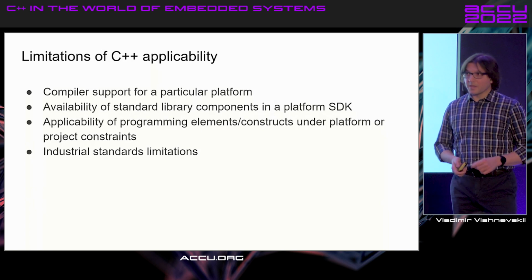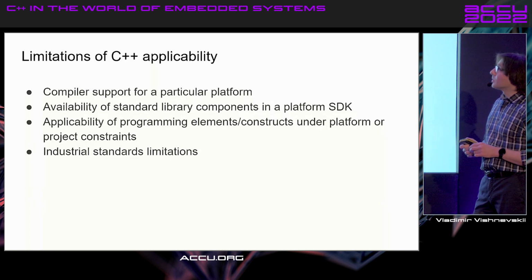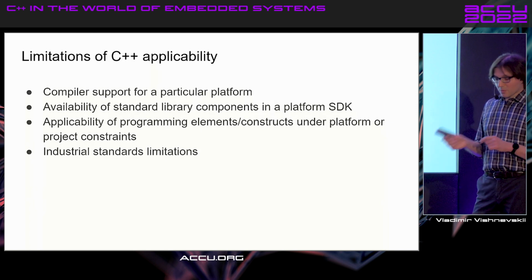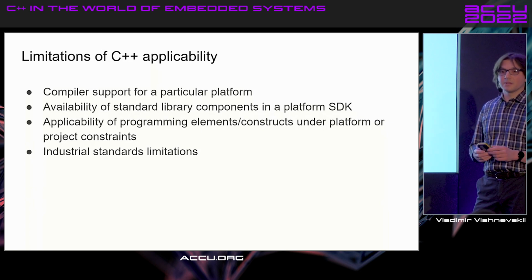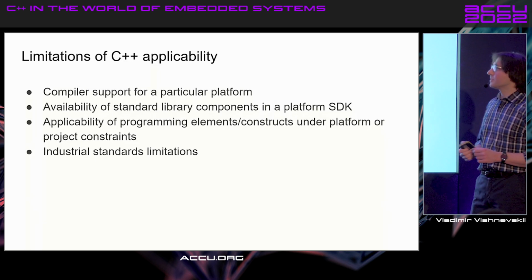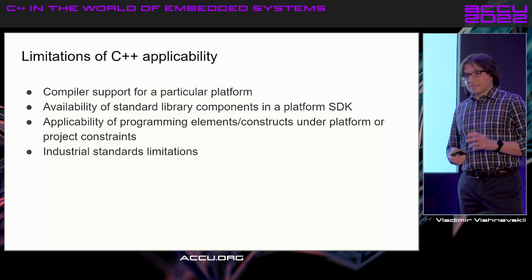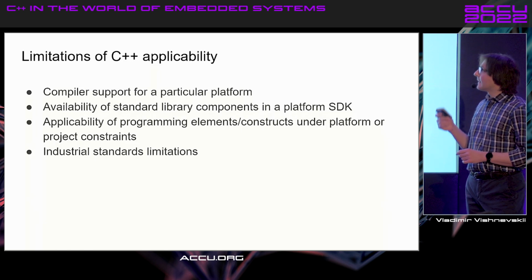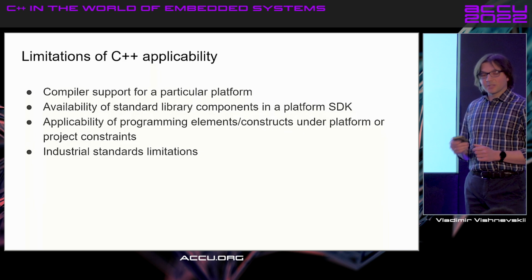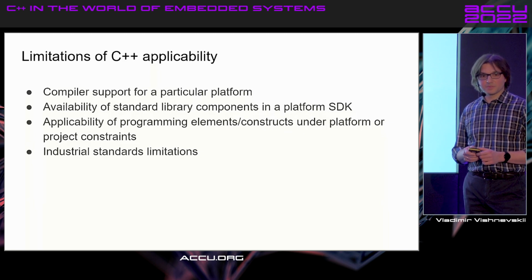So we need to consider that as we are working for different platforms, it might be that particular compilers are not supporting some of the platforms. This is one of the potential limitations. The standard library might not be available for some particular platform.